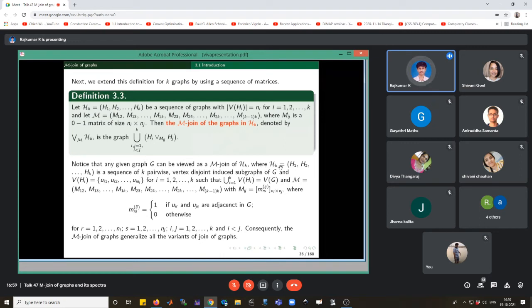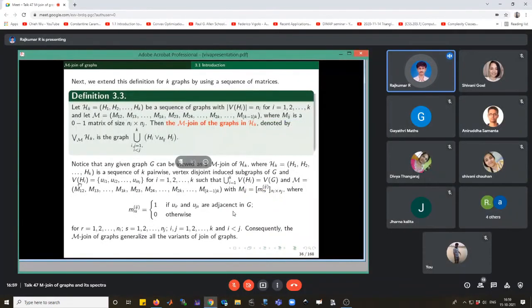Suppose G is a given graph, then it can be viewed as an M-join of H_k for some suitable matrices Mij and class of graphs. Here we take H1, H2, ..., Hk to be a sequence of k pairwise vertex disjoint induced subgraphs of G with vertex sets Vi, where the vertex set of Hi is Vi for each i, such that the union of the vertices of the Hi is equal to the vertex set of G. And take script M to be the sequence of matrices of size ni by nj with the entries defined as follows.